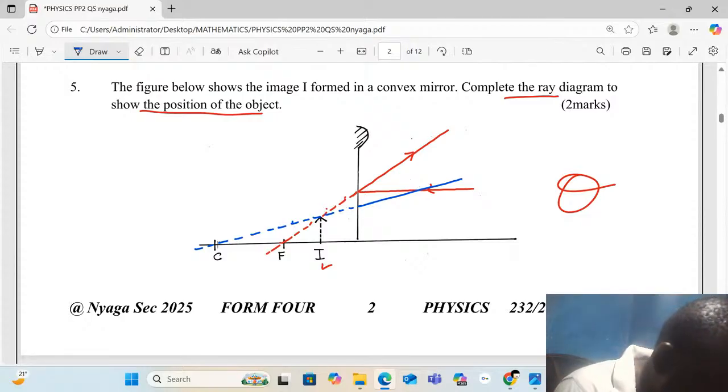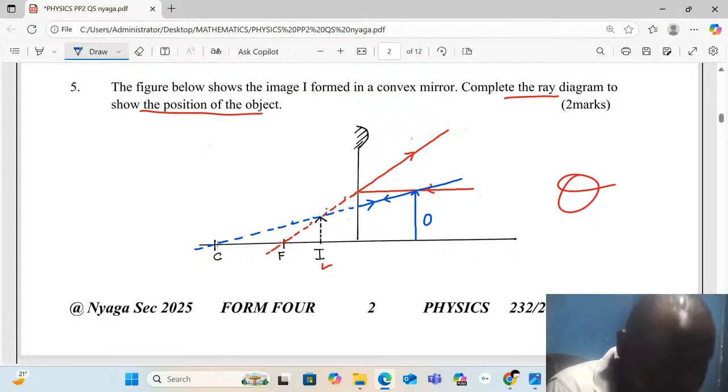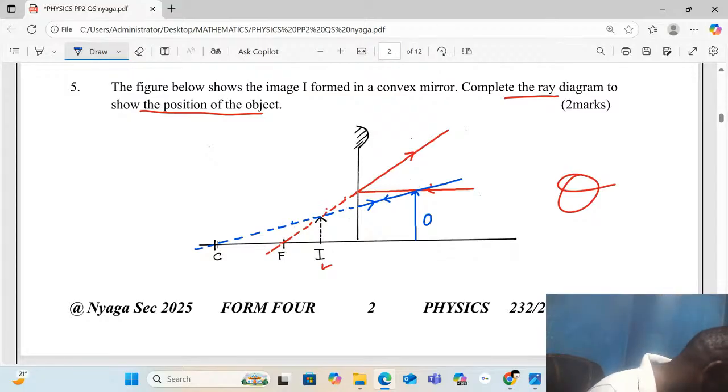So now I'll draw my object here, like that. So this becomes my object. The ray direction was to and fro because it can be traced back through the same path.